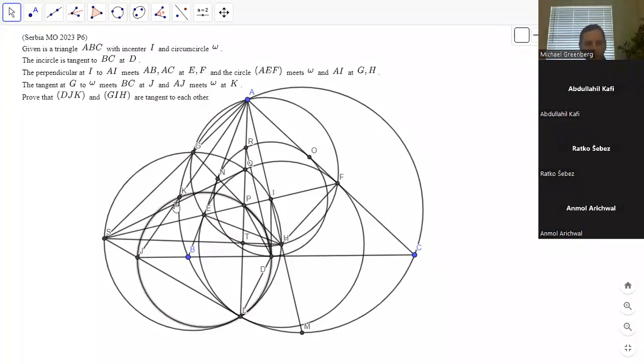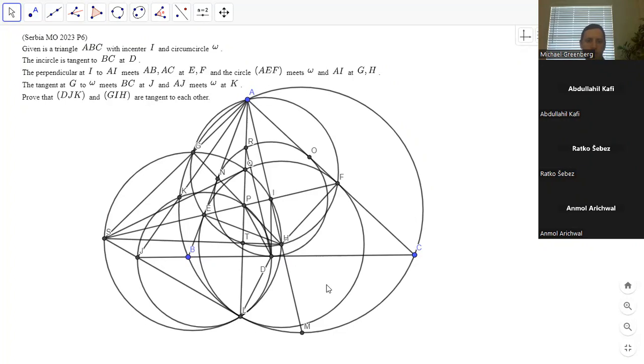I'm still trying to prove that. And maybe, yeah, QELF is harmonic.